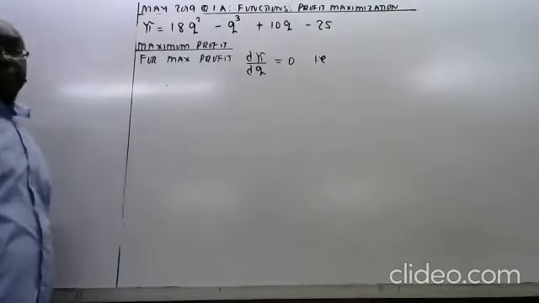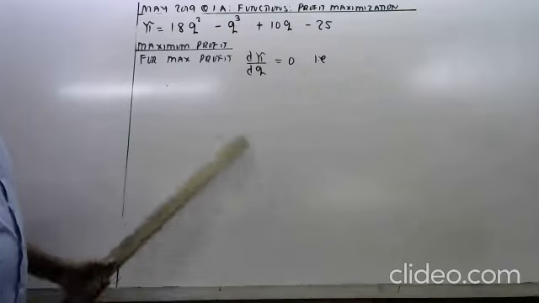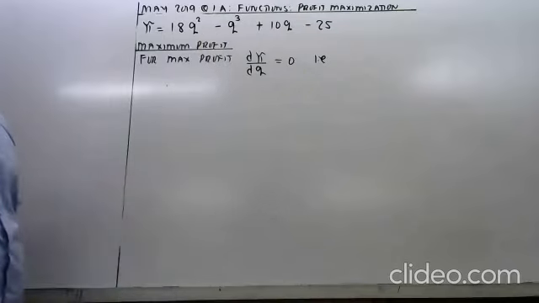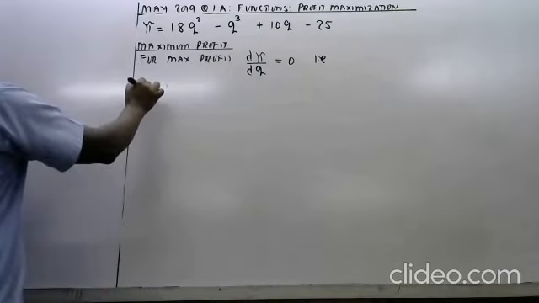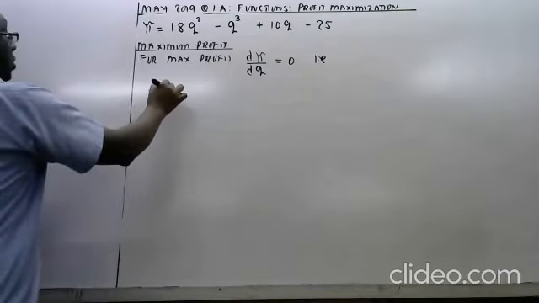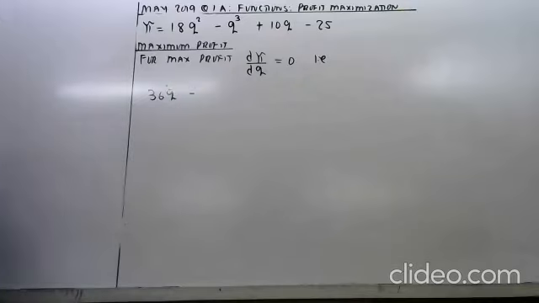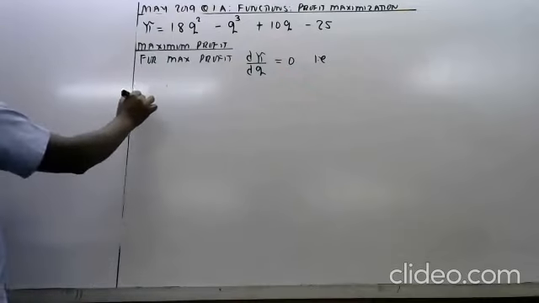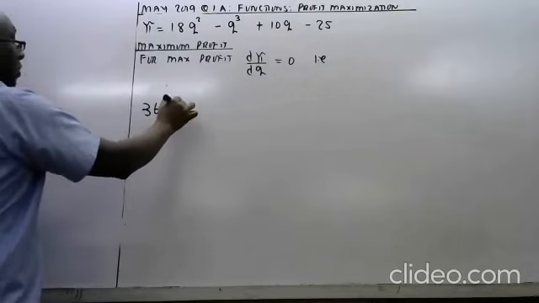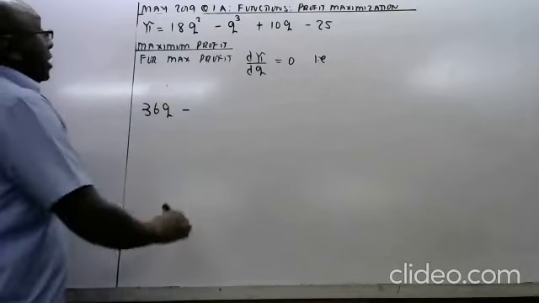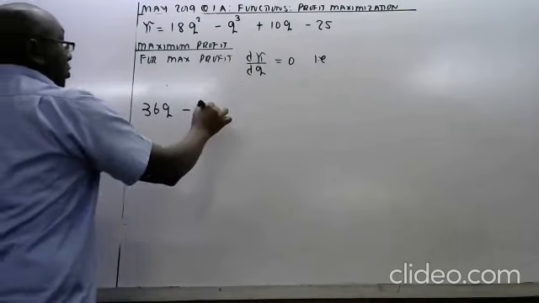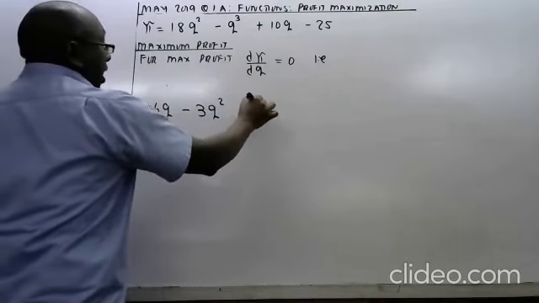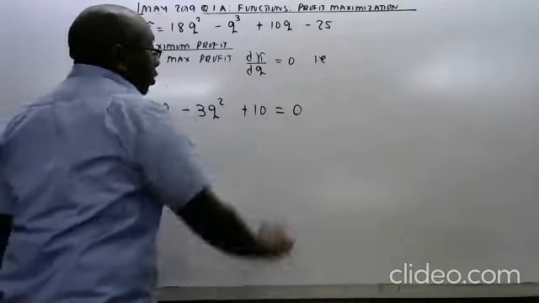That is, we differentiate this one. When you differentiate that, you'll be left with 36Q minus 3Q squared plus 10 being equal to 0.